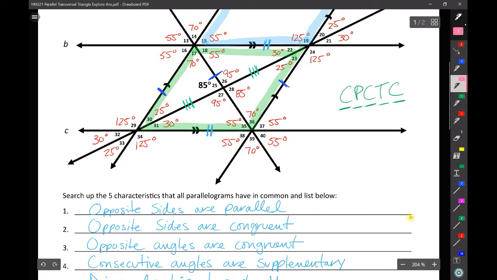I'm going to put 4 markings there, and that's just on the little piece. 1, 2, 3, 4. And those 4 markings mean that it's just this side of this triangle and just this side of this triangle.